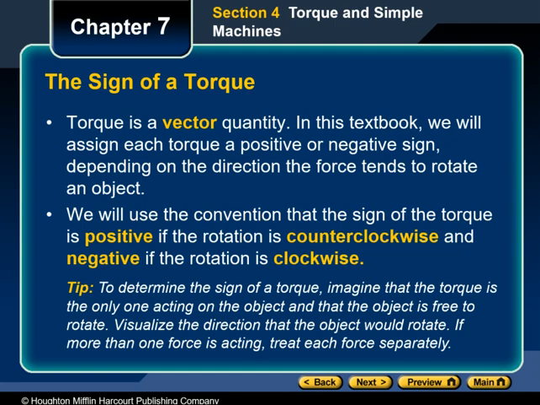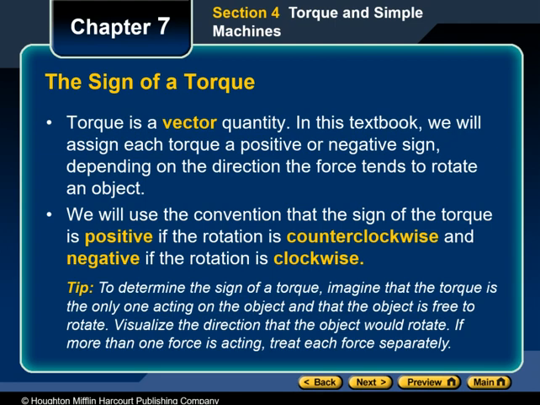For example, imagine that you are pulling a wishbone with a perpendicular force F1 and that a friend is pulling in the opposite direction with a force F2. If you pull the wishbone so that it would rotate counterclockwise, then you exert a positive torque of magnitude F1d1. Your friend, on the other hand, exerts a negative torque, negative F2d2.